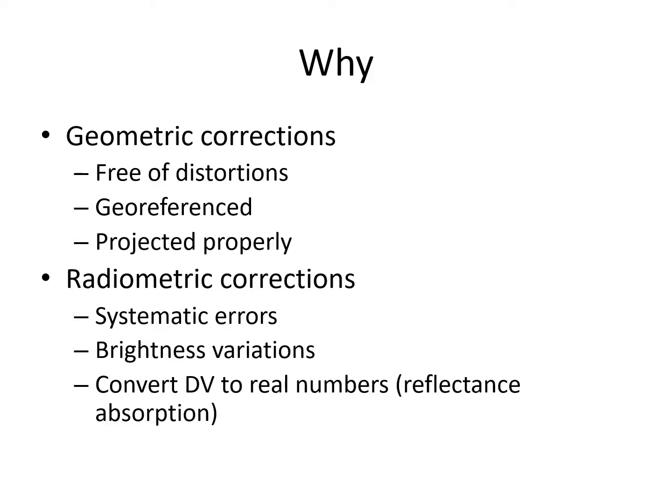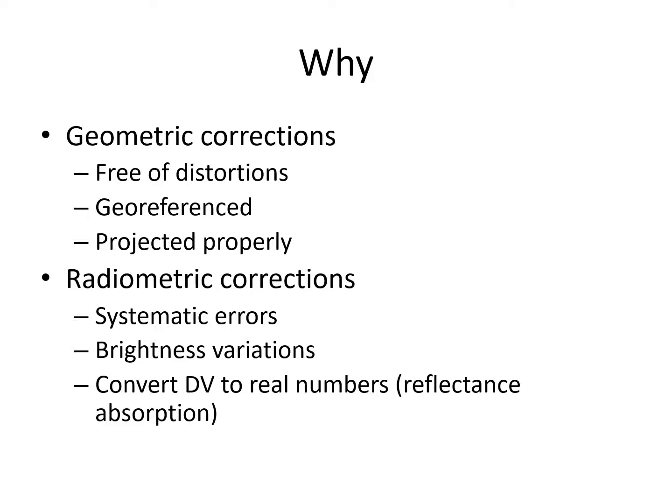So why do we do it? Well, geometric corrections are important because images have distortions. If any of you have used cameras very much, you know there's a thing called barrel distortion. Lenses collect light in a unique way, and much like our projections do, they distort the geometry of objects along the edges.